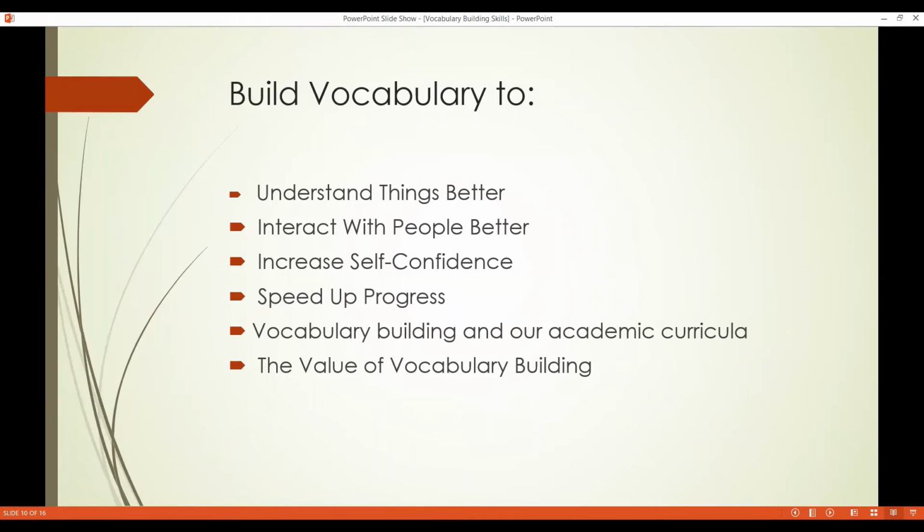When you are aware of these words, you can score well in your mathematics class as well. And to interact with people better, when you brush up your vocabulary skills, definitely you are going to ace the field that you belong to.